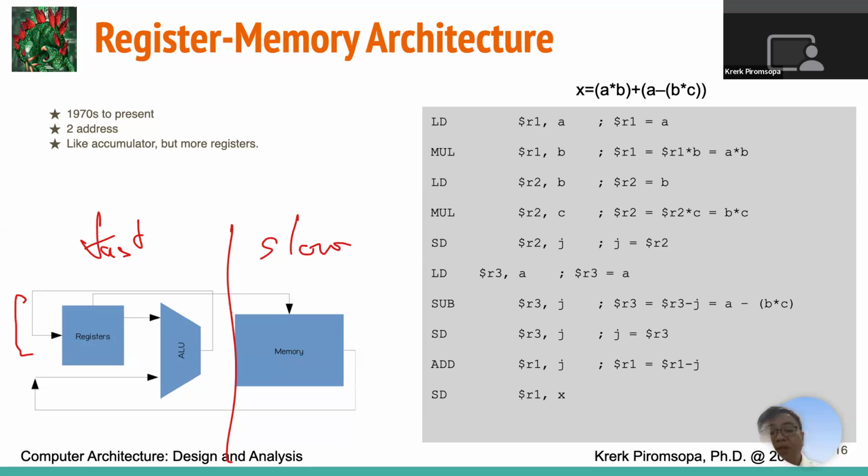So they came up with a new kind of architecture, they call it register-memory. And the idea is, okay, let's put something in the register and get something from the memory.